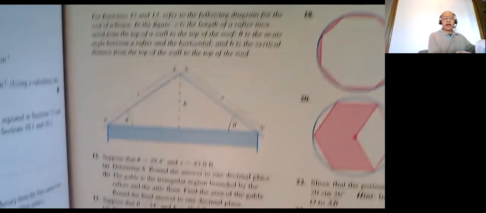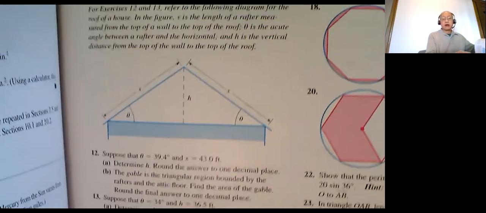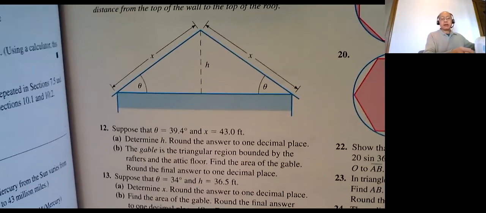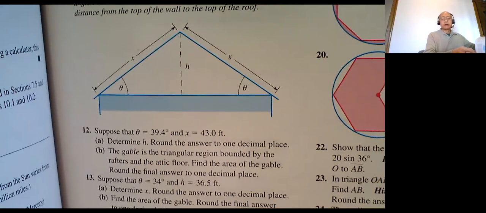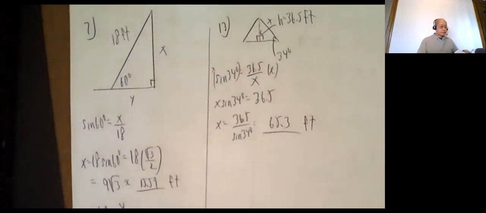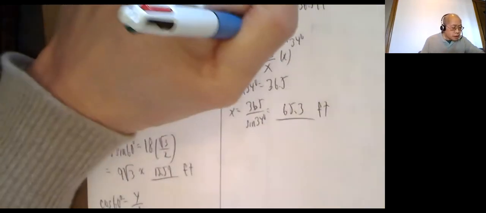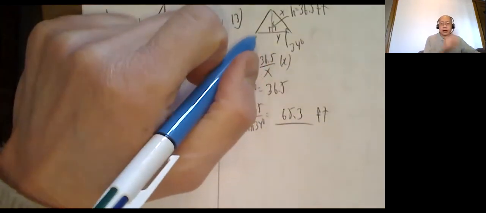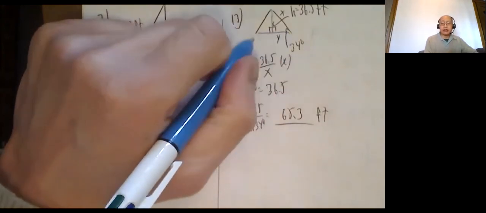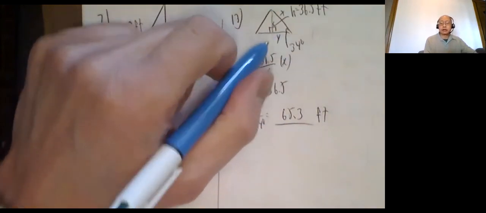Now, how do I find the area of that? They call it a gable, but it's that triangular region. So I know it's 1/2 base times height. I have to figure out the base. Let me call this y, and this will also be y. I'm going to find y, but the entire base is double that, all the way across.